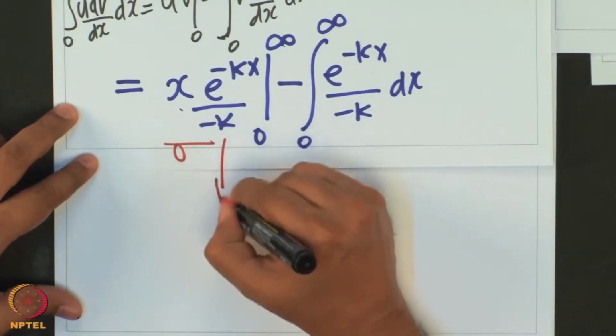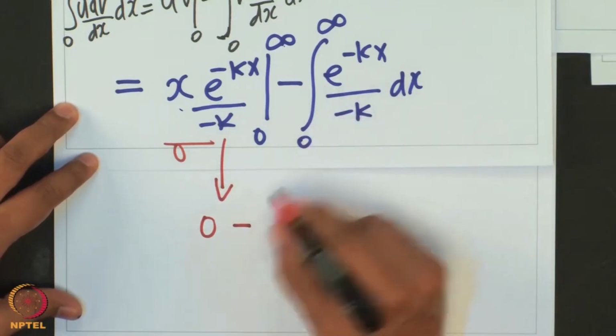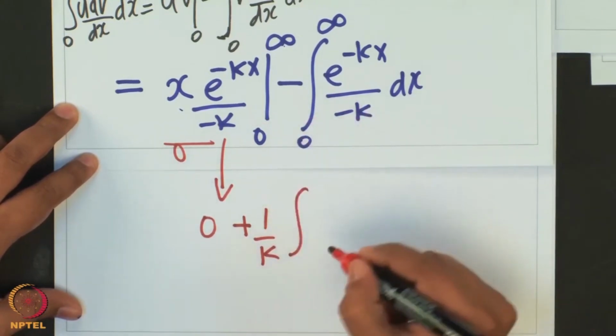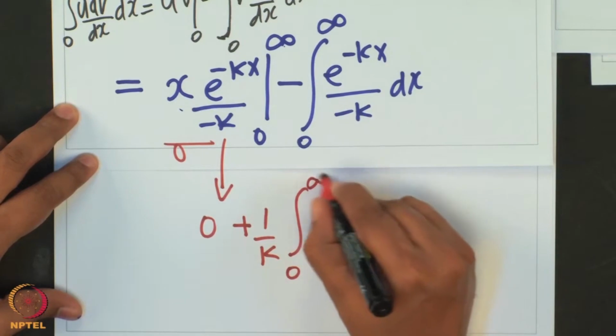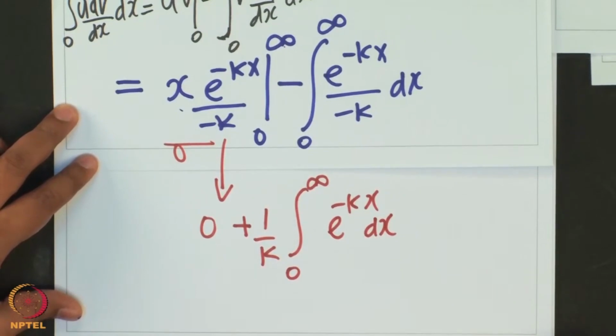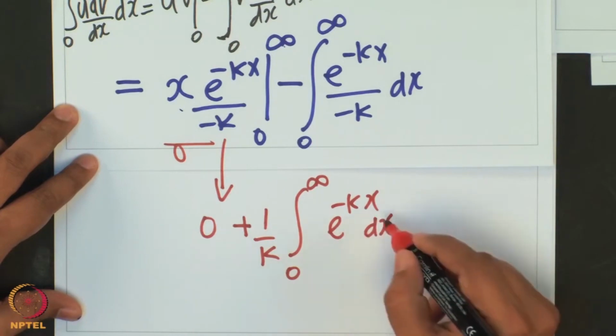So let us redo this a little bit more carefully. The first term will give us 0. What will the second term give? The first term would give us 0 minus, and there is a minus k here, so this is plus 1 by k. I take this k outside: 1 by k times the integral from 0 to infinity of e power minus kx dx.